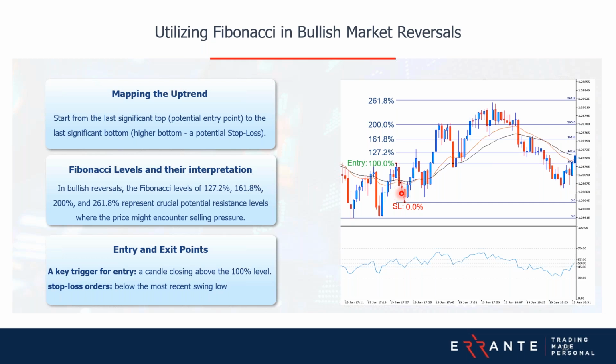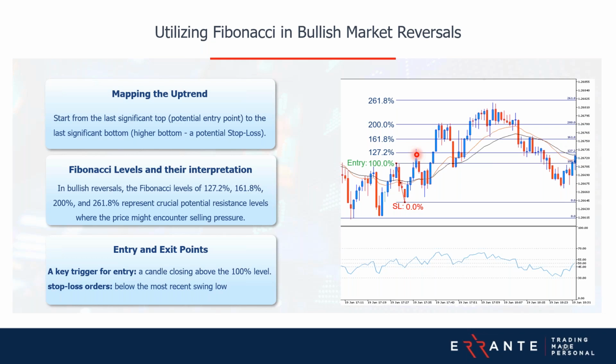And so these ratios beyond the 100 mark represent extensions for the price movement and serve as markers where the upward trend may encounter resistance. So we can just spot the potential resistance levels if a new uptrend proceeds.